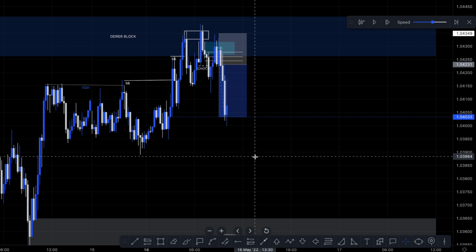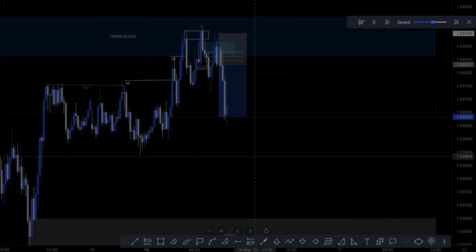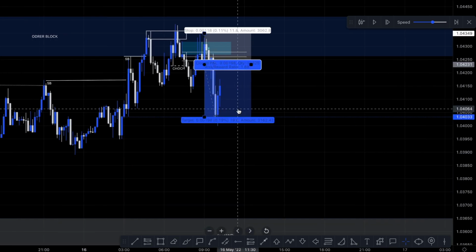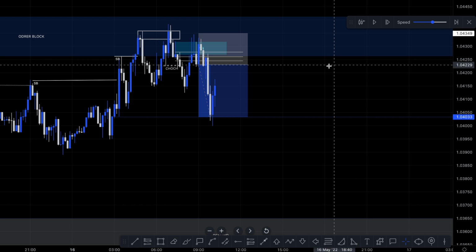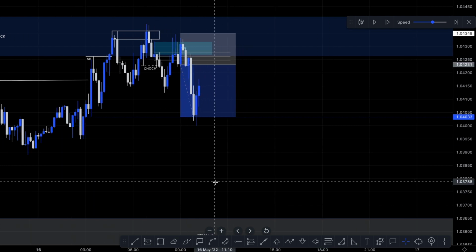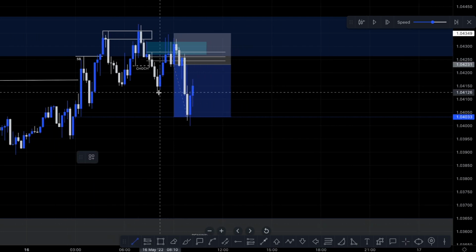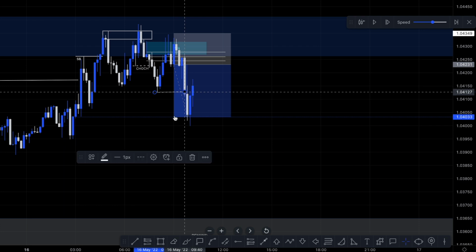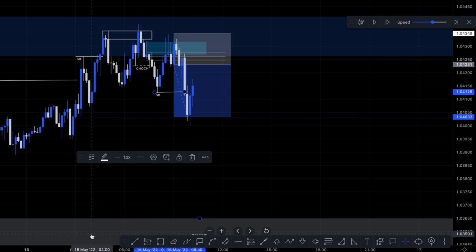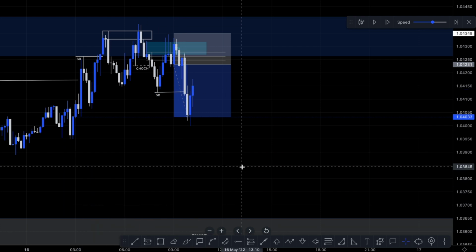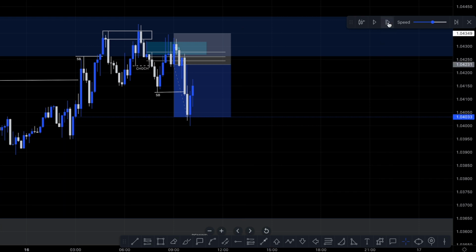Then what I realized was that there was another opportunity for me to take another trade on the 10-minute time frame, where I see that there was this zone up here and the market pretty much breaks structure to the downside. After a break of structure, we know the market normally tries to correct itself.